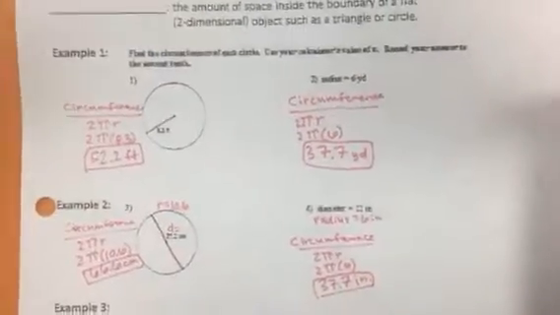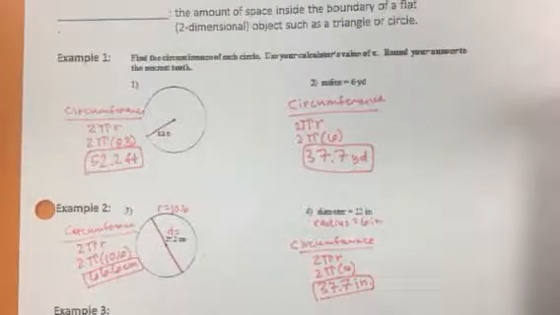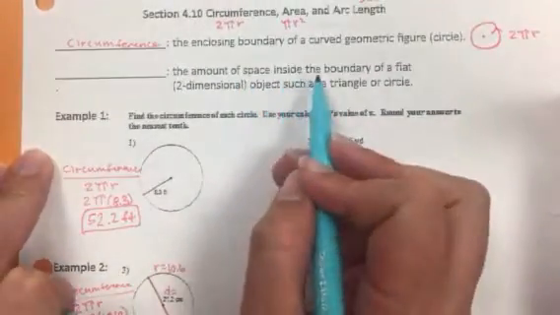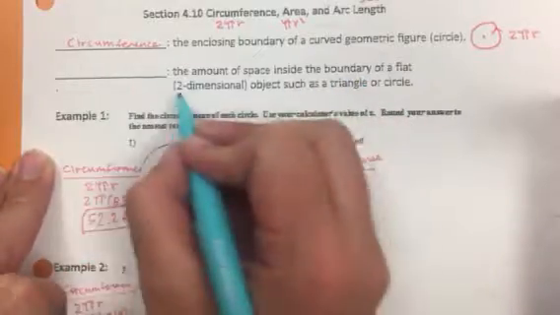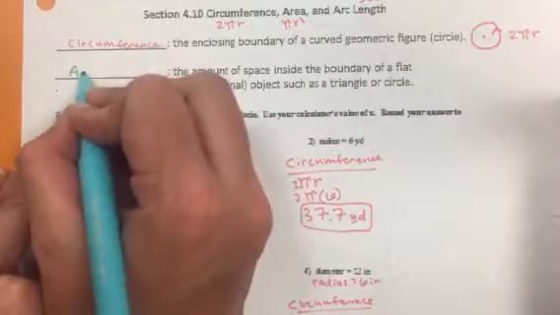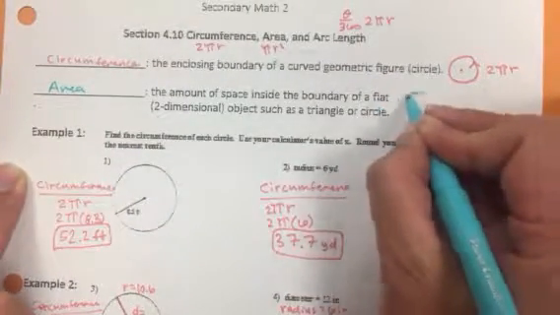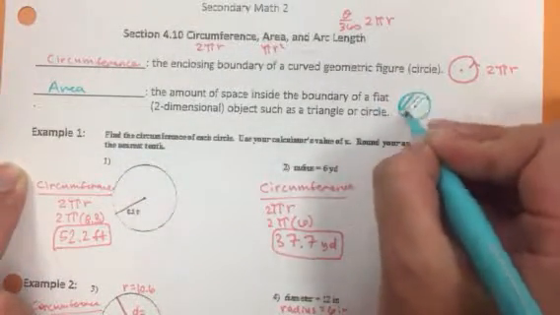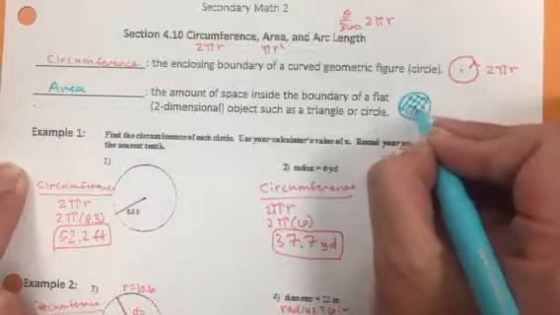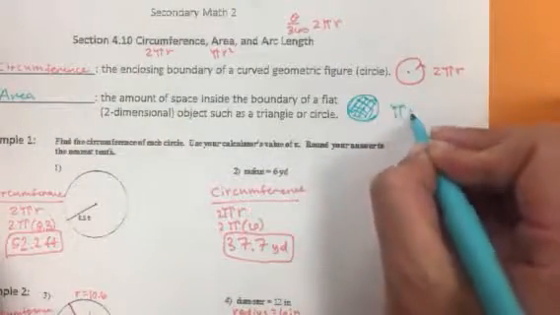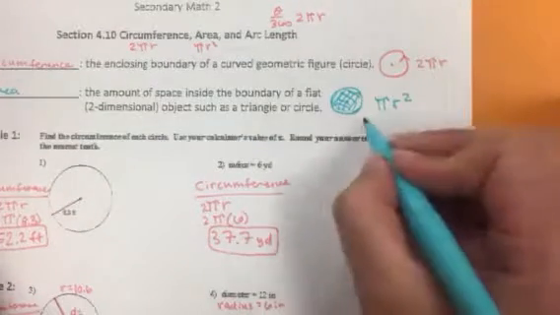All right, so that was circumference. We did that on all 4 of them. Now, sometimes it'll ask for the amount of space inside that boundary, which is two-dimensional. That is called area, which is represented by pi r squared.